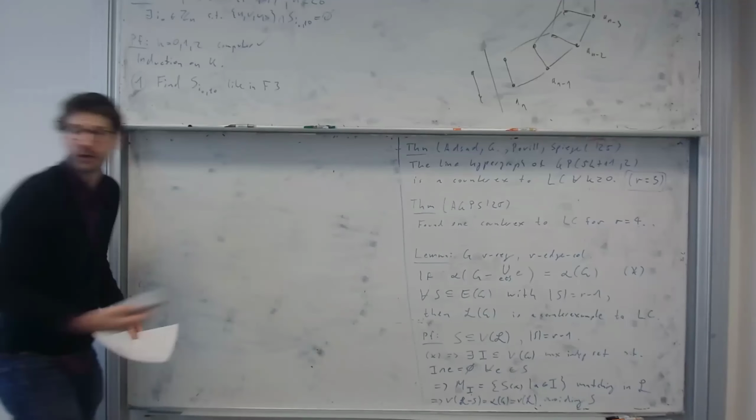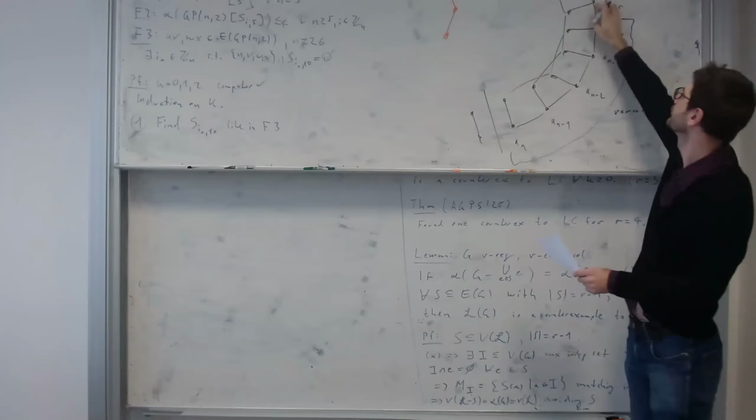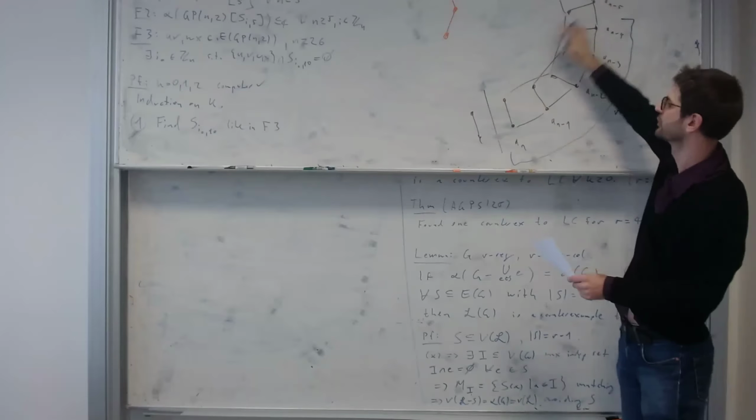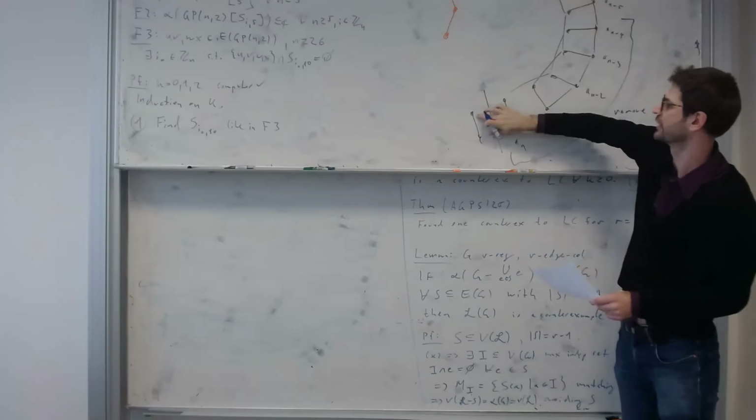So the second thing is to remove the rungs n minus 4 up to n, right? So what we remove here, we just remove. And then we just connect those up. Now we have this hole here, we connect the hole up like you do in the generalized Petersen graph. So this will be connected to this one, this will be connected to this one, and this one will be connected to that one.